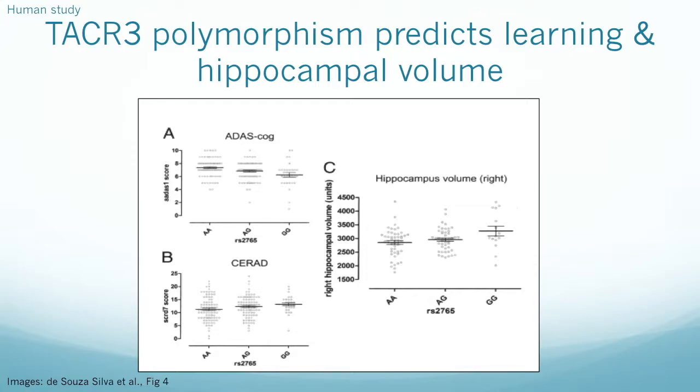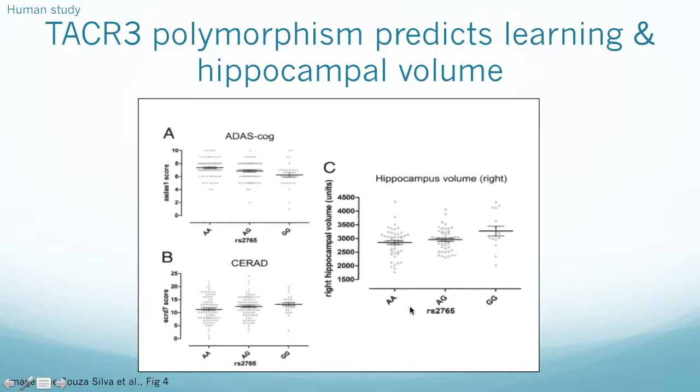In both cases, dementia and mild cognitive impairment patients with the AA genotype, shown here and here, of the SNP rs2765, had worse verbal memory than if they had the GG genotype, and those with one copy of the A performed intermediately well. We also saw a significant association between this SNP and hippocampal volume.